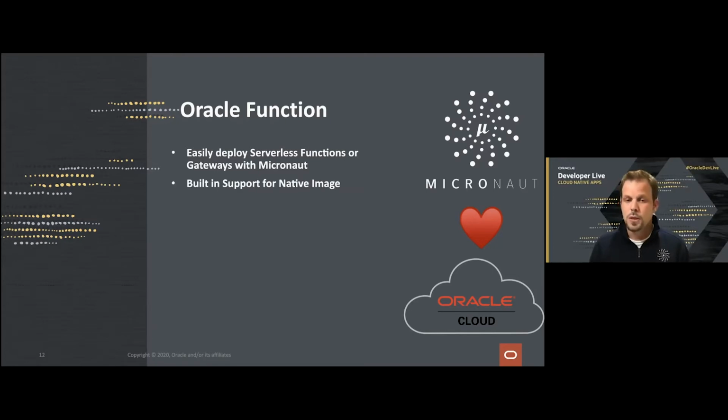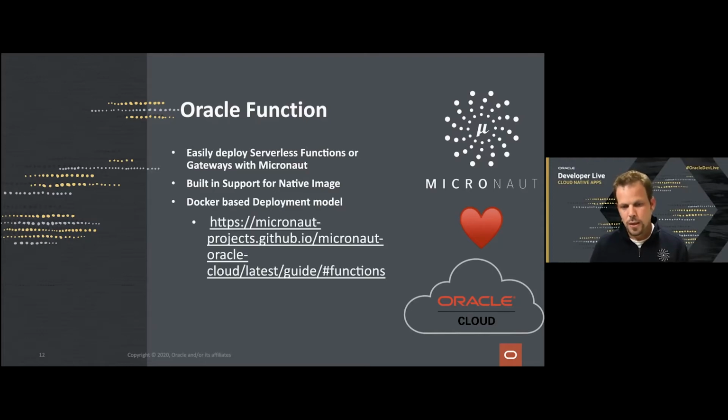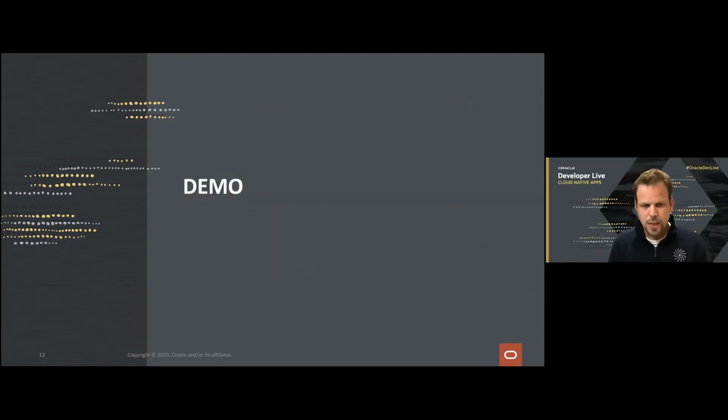You can also compute these Oracle functions into native images, allowing them to be more efficient and to start up and exhibit significantly better cold start performance. Oracle Function uses a Docker-based deployment model, and there is a guide on how to get started with Oracle Function there. So with that, I'm actually going to start doing a demo of using Oracle Function with Micronaut.